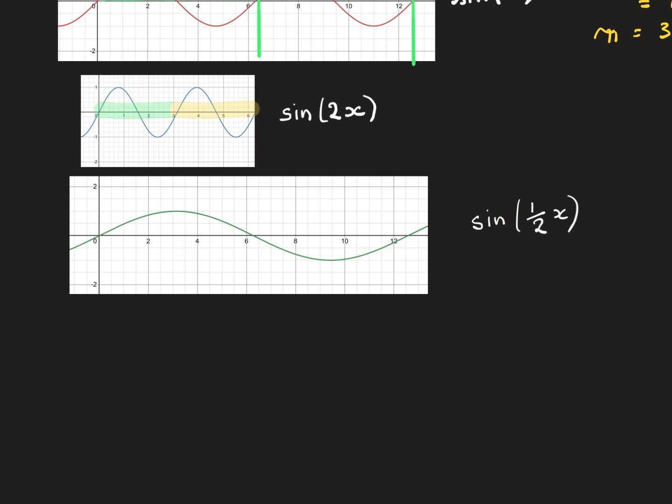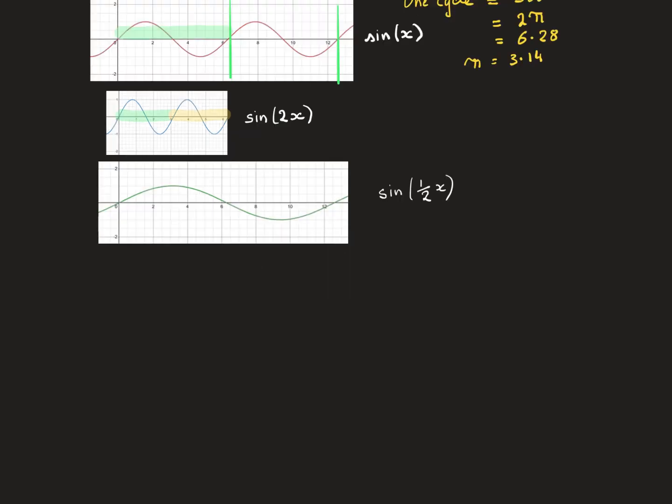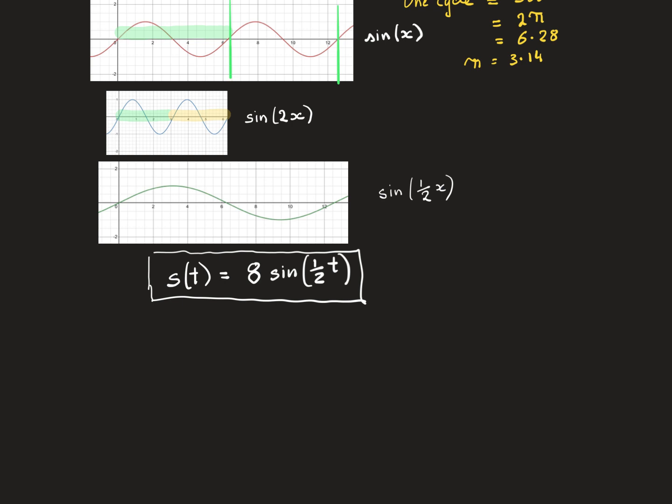And this follows that a sine function which can only fit half of its cycle into 2 pi will now be half x. And this is the case in our problem, because our problem defines the sine function as 8 times sine half t.